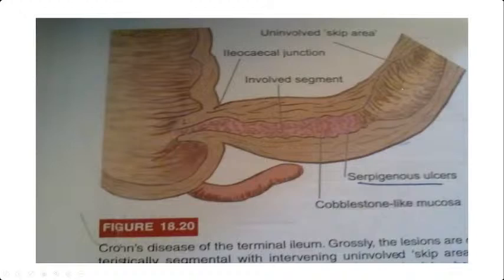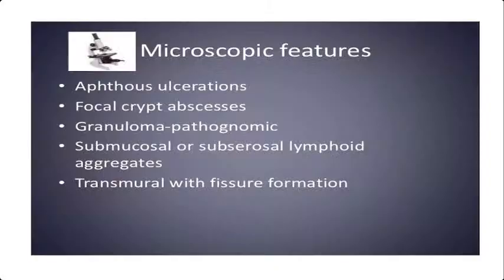Here, the normal mucosa. Serpiginous ulcers means longitudinal narrow ulcers. And the fact that you have skip lesions also gives rise to the cobblestone appearance.